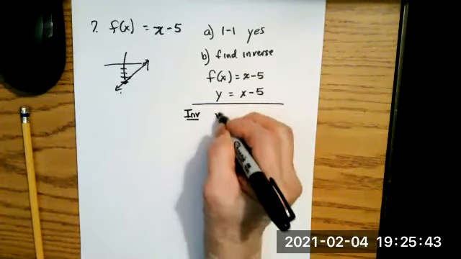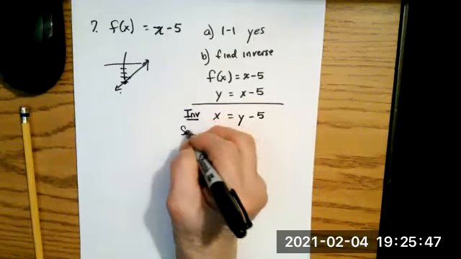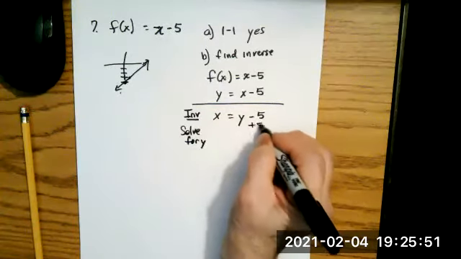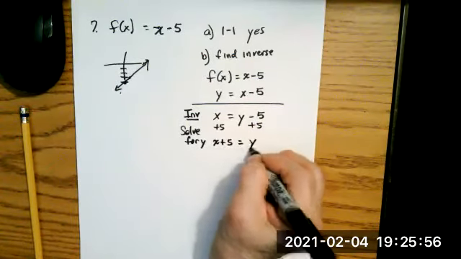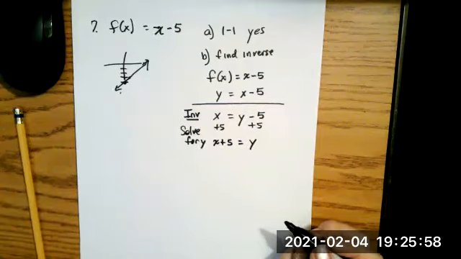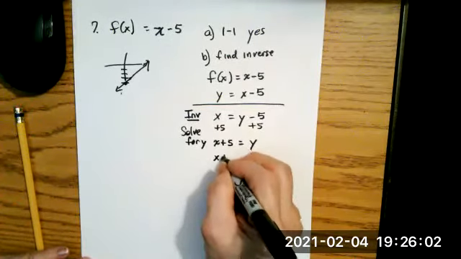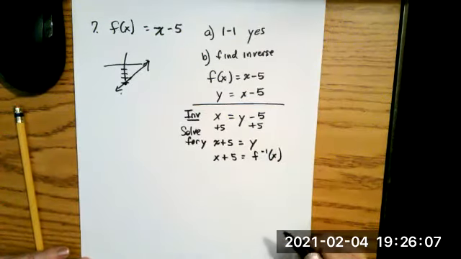That's when I swap. x equals y minus 5. Then I solve for y. So I add 5 to both sides, and I get x plus 5 equals y. Then I use that special notation: x plus 5 equals f inverse of x.